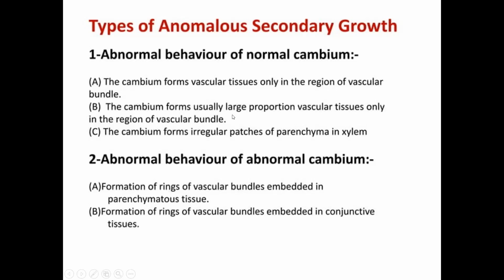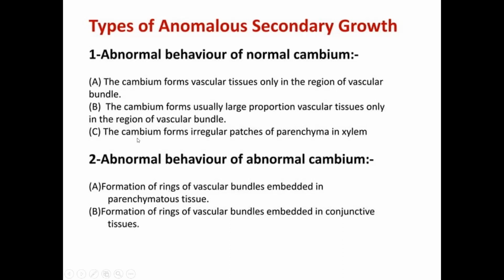Normally the cambial ring produces secondary tissue throughout the ring, but here it produces secondary tissue only at the region of the vascular bundles.